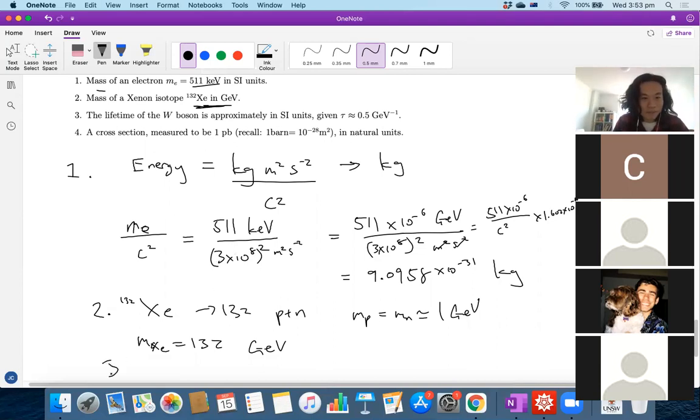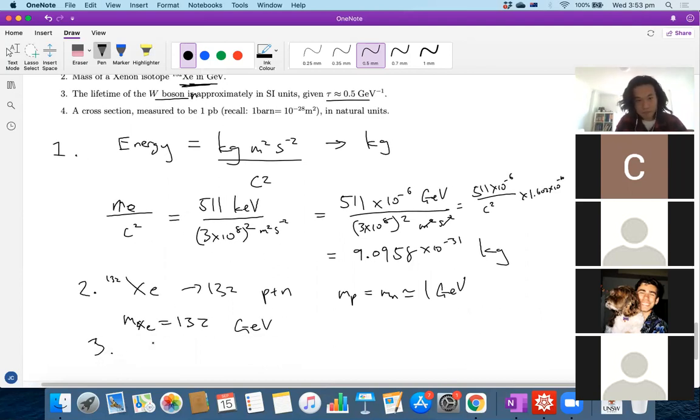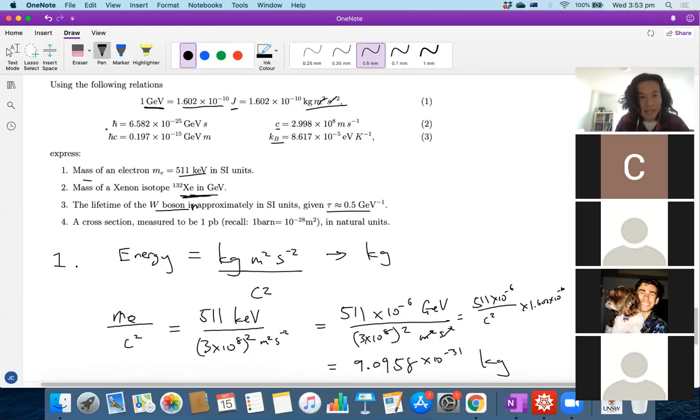Okay, question 3. Find the lifetime of the W boson in SI units, given that in natural units it is tau equal to 0.5 inverse GeV. If I want inverse GeV to go back to seconds, I look back here, and H bar gives me a GeV and a second.